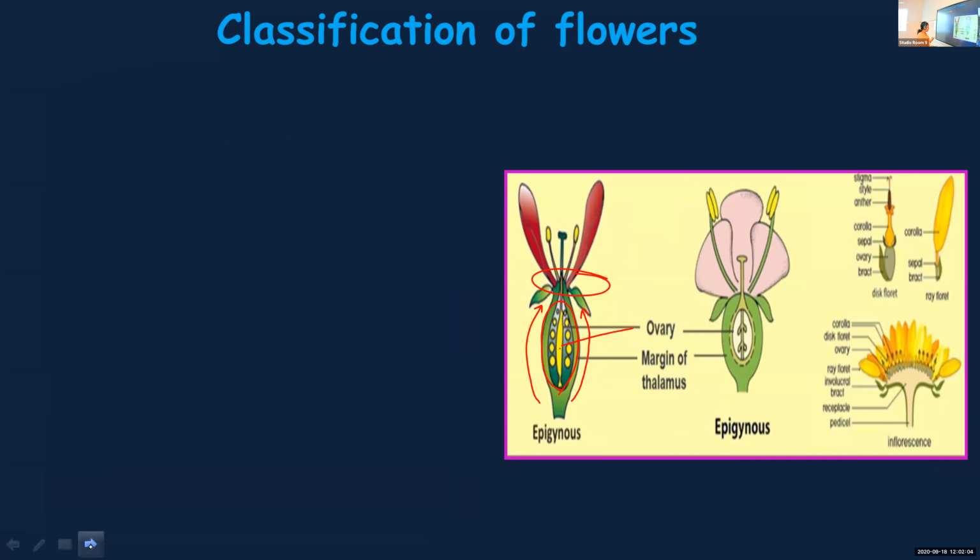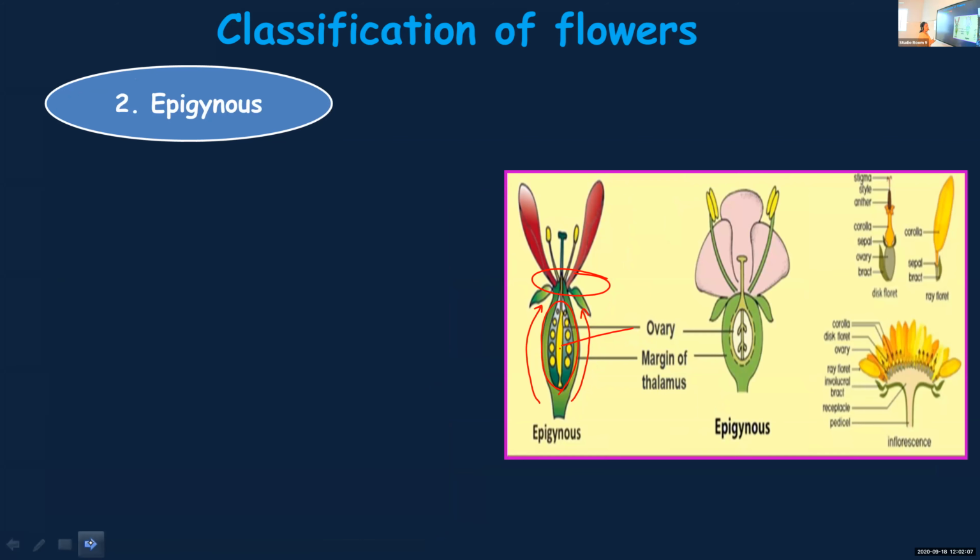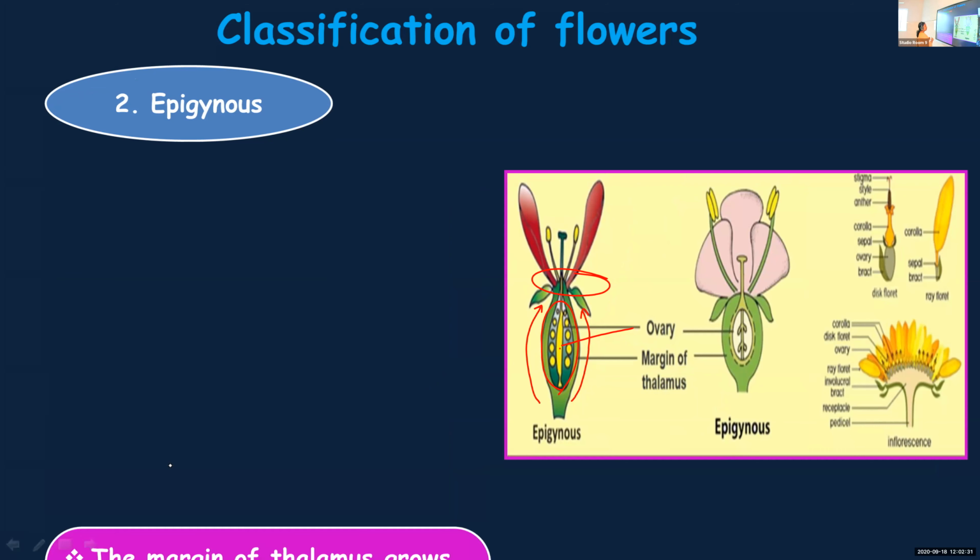Then we learned about epigynous flowers. In epigynous flowers, the ovary is inferior. So if in superior the ovary or gynoecium is occupying the topmost position and all the appendages are below, here if the ovary is inferior, then the ovary should be beneath and all the appendages should be above it.